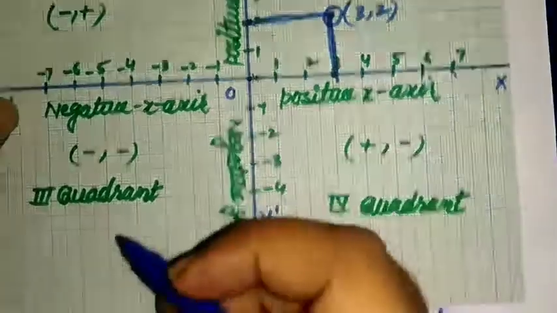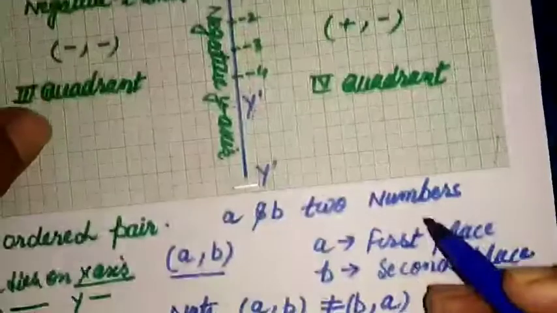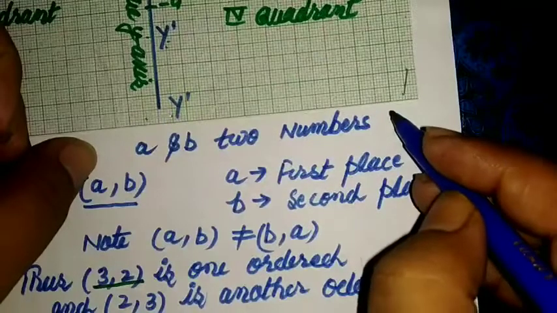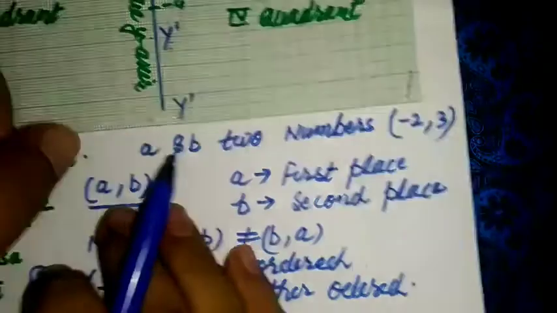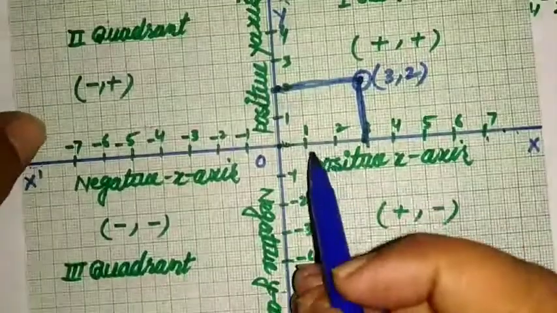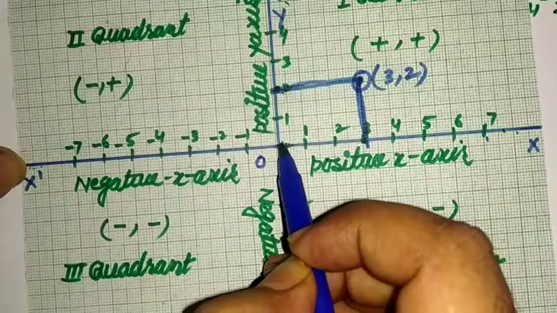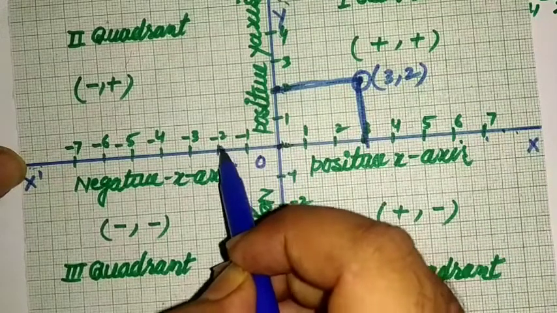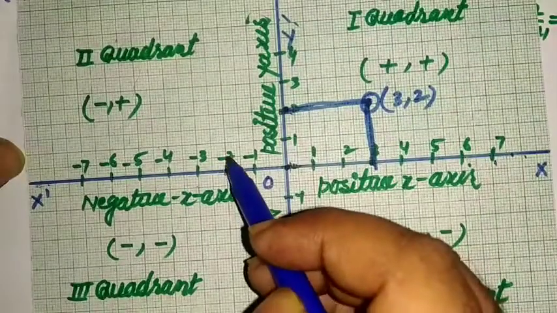Now if I write here minus 2, 3, how can we denote it on the graph? So let's see. First we will see minus 2. The first point on the x axis is minus 2 here, and for 3 we will go in front of 3.